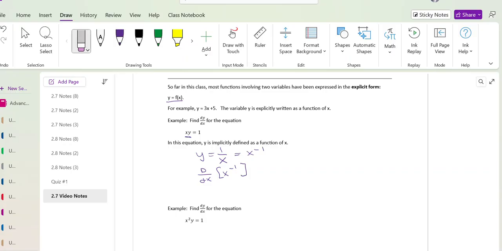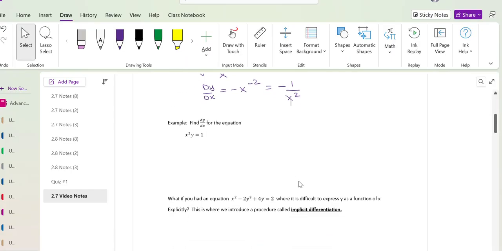if we find the derivative, which we say is dy dx, or y prime, that is equal to negative x to the negative second, or negative 1 over x squared.